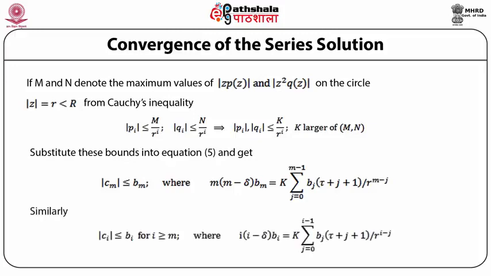Similarly, we get |Ci| ≤ Bi for i ≥ m, where i(i − δ)Bi = K Σ_{j=0}^{i−1} Bj (γ + j + 1)/r^{i−j}.